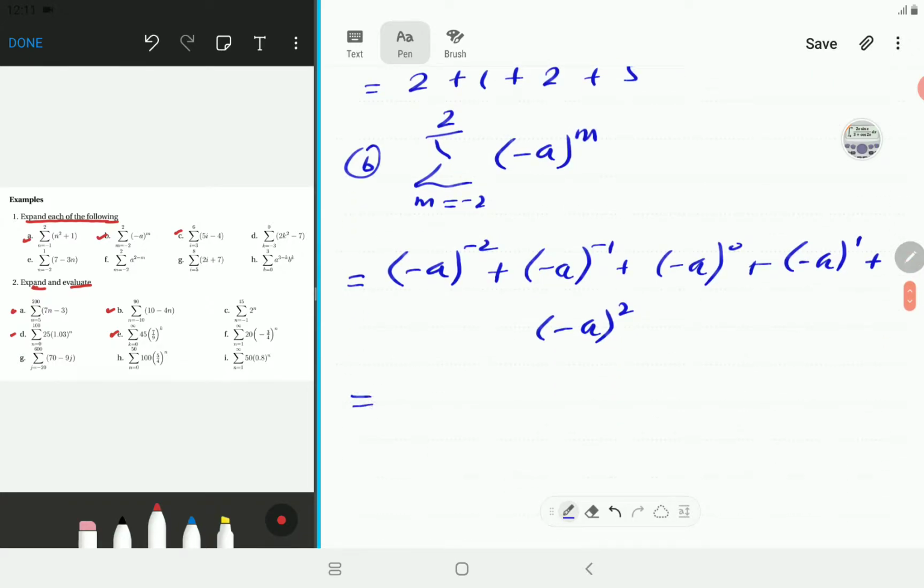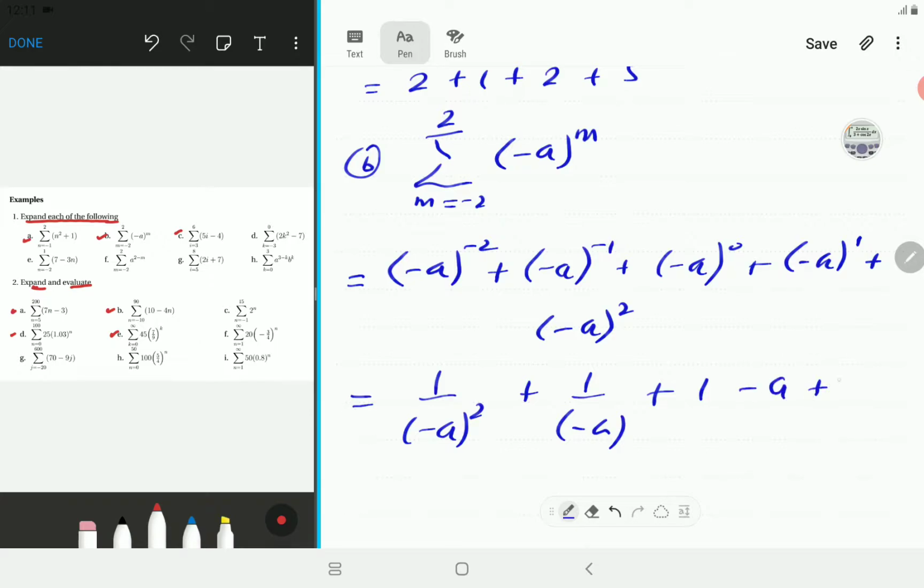Now, from properties of integer powers, negative power means reciprocation. So (-a) to the power -2 is 1 over (-a) squared. Similarly, this is 1 over -a. (-a) to the power 0 is 1. (-a) to the power 1 is -a.